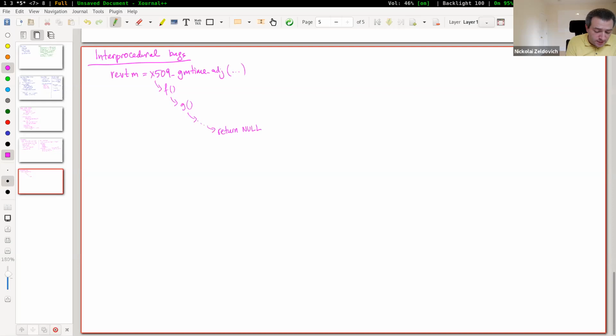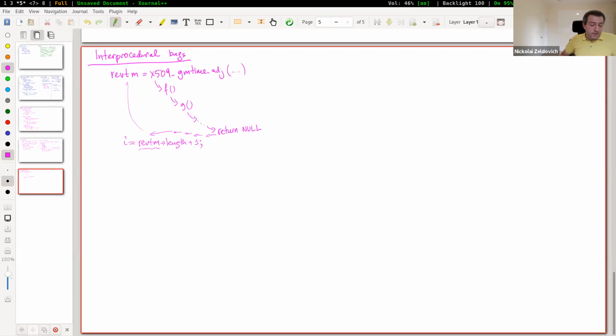This null gets returned all the way up the stack to all these callers and ends up in this revtm variable. Then the code does something like i equals revtm length plus 1. In C, this dereferences the revtm pointer, and if it could be null, that's a bad thing. Your piece of software is going to crash.